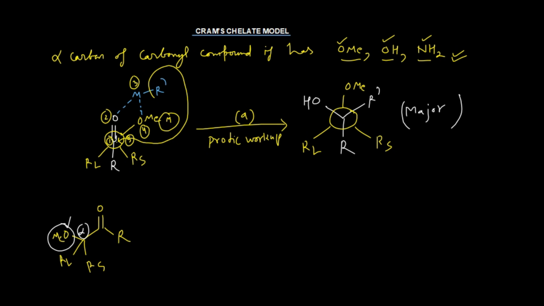And lastly, in this particular concept, you see Cram's dipolar model. So what is the meaning of Cram's dipolar model? For example, for the Cram's dipolar model, I am giving you this particular compound.